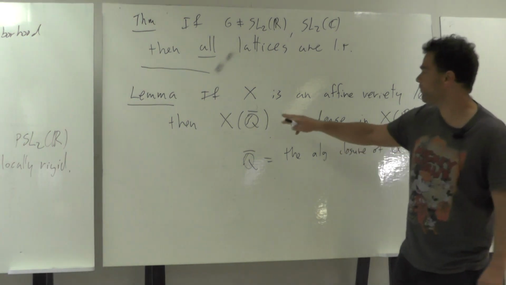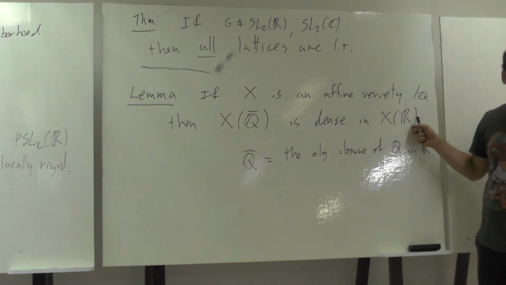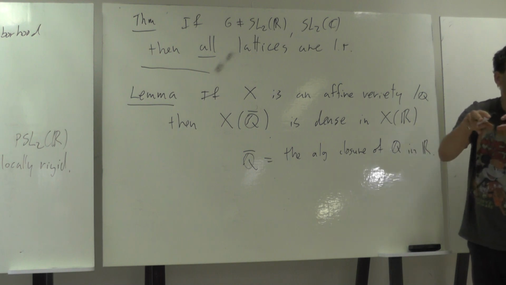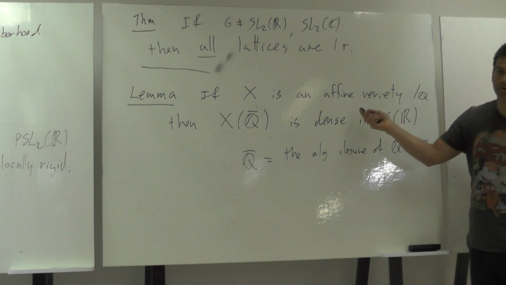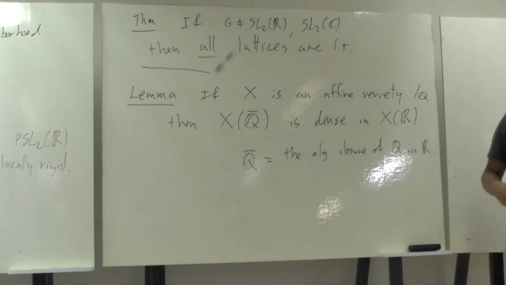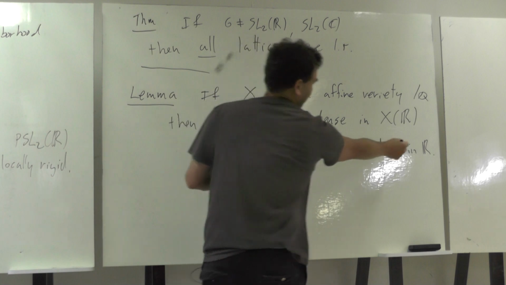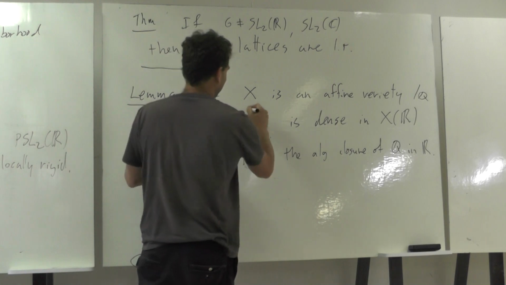So basically, you have an algebraic variety. You have a real point, and you want to deform it to a rational point. Some of the variables you can deform freely, and the rest are determined by the implicit function theorem as algebraic points. This is not a proof, but this is the moral idea of the proof. Q bar here is not the full algebraic closure of Q. It is Q bar intersection with R. Let's call it Q tilde.